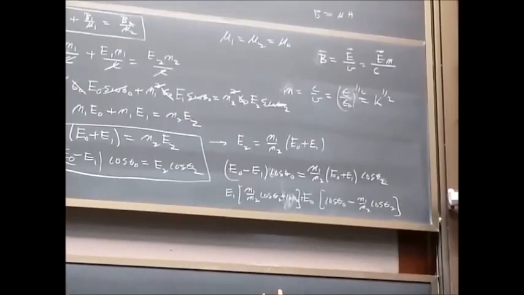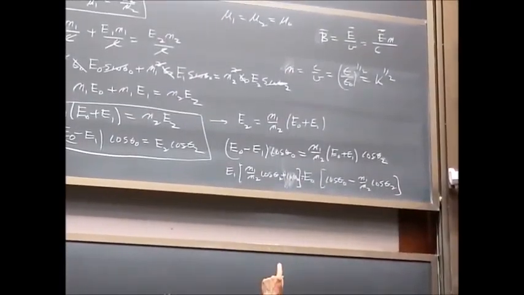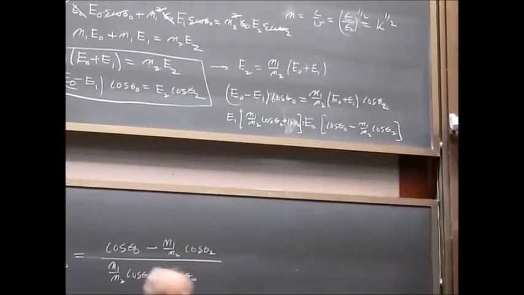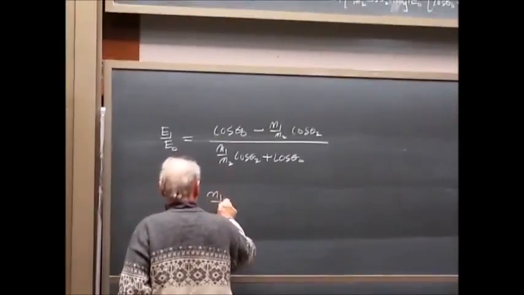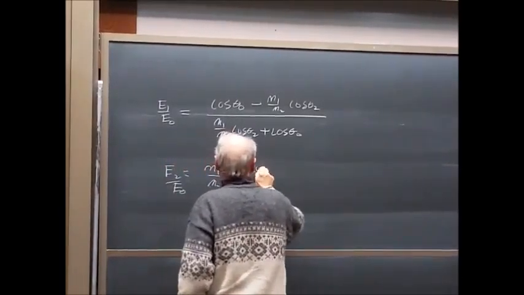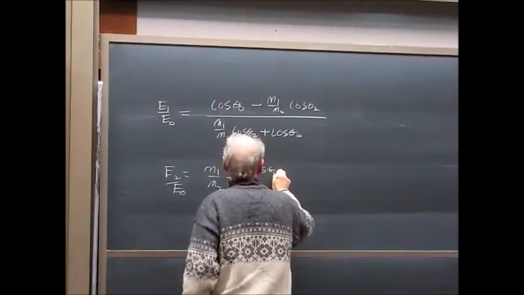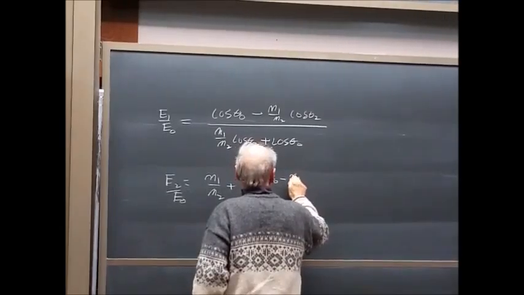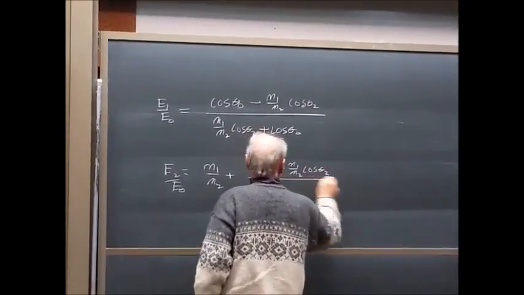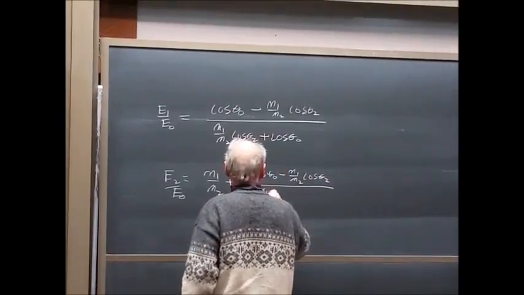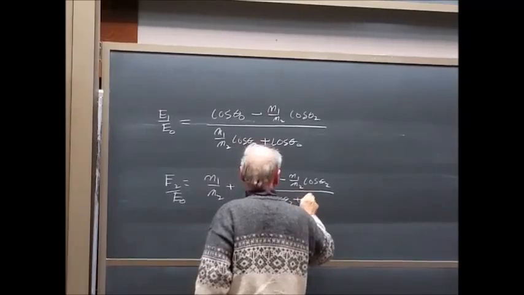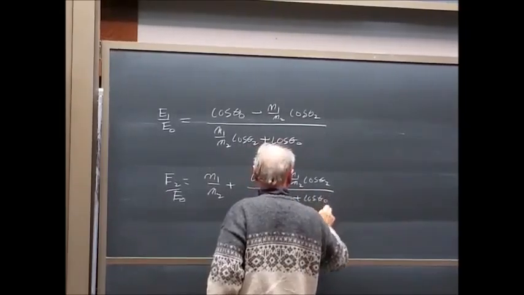Divide both sides by E0, and you get N1 over N2 times 1 plus E1 over E0, that is, 1 plus cos theta 0 minus N1 over N2 cos theta 2 divided by N1 over N2 cos theta 2 plus cos theta 0.